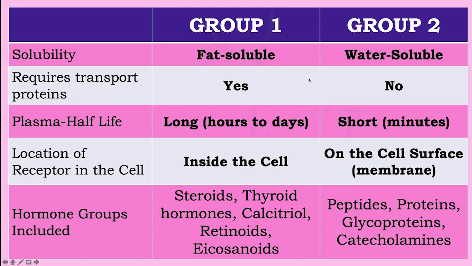In fact, some hormones have receptors inside the nucleus. So not only are they capable of traversing the plasma membrane, they are also capable of traversing the nuclear membrane. Kasi nga, fat-soluble siya. Okay? So for group 1, included here are steroids, thyroid hormones, calcitriol, retinoids, and eicosanoids. Then for group 2, we have peptides, proteins, glycoproteins, and catecholamines. Okay, so medyo marami lang yan. So wag muna kayo magpanic.